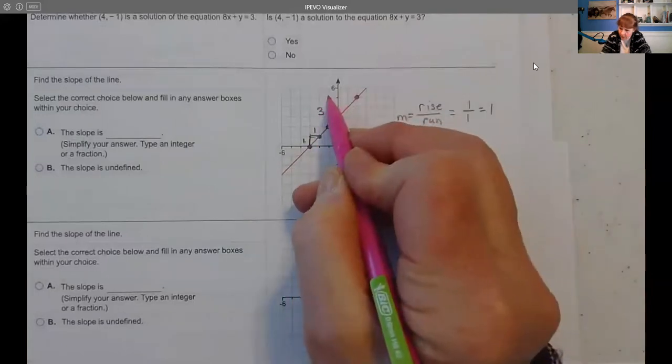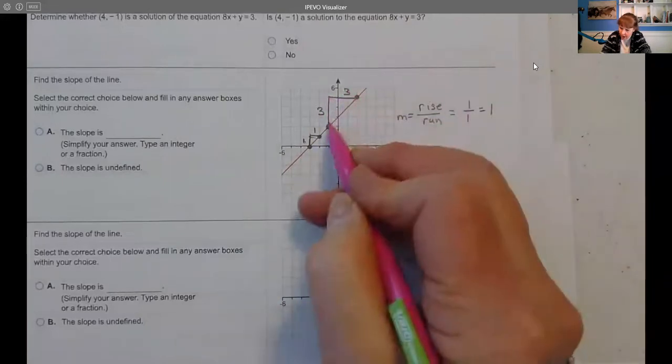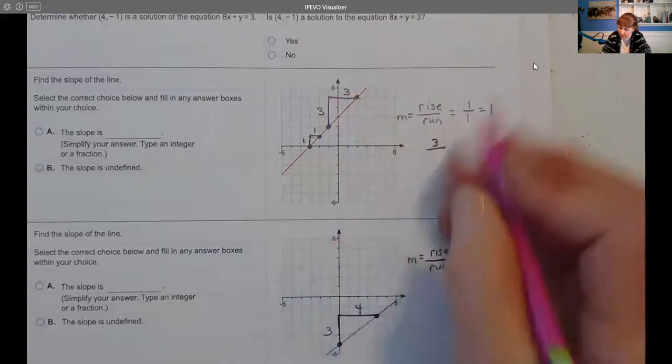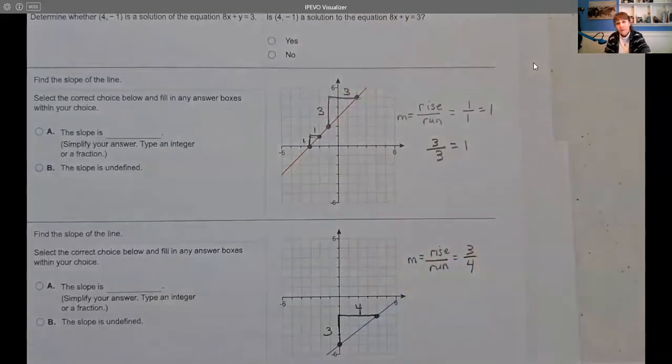Over the run, 1, 2, 3. So our rise is 3. The run, which means across, is 3. And when you reduce it, you get a 1. So you just had to do a little bit more reducing, but you are going to ultimately end up with the same answer when you reduce the rise over the run, that ratio. So again, the slope is a ratio.